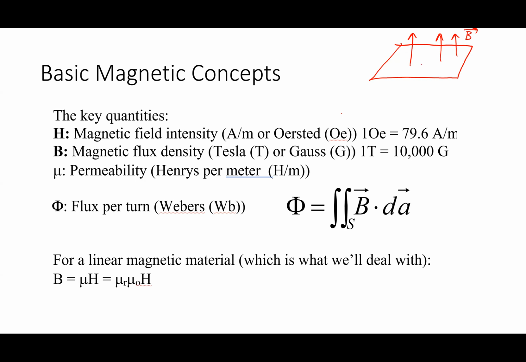And what I care about is the total flux going through this surface, which we define, again, I don't want to do the calculus, as B dot dA. That is the total flux going through there.